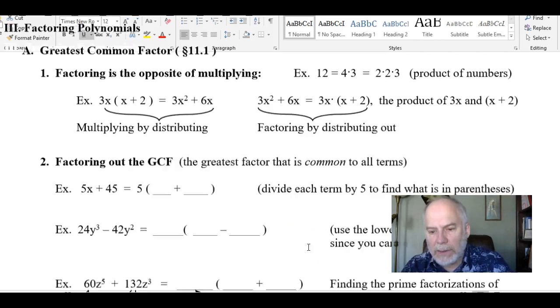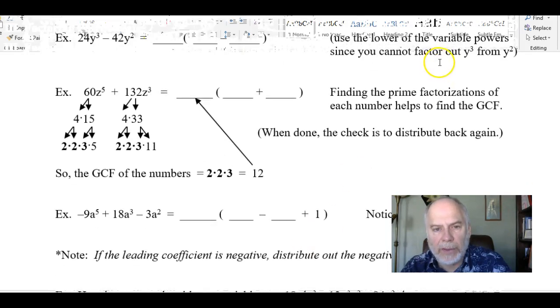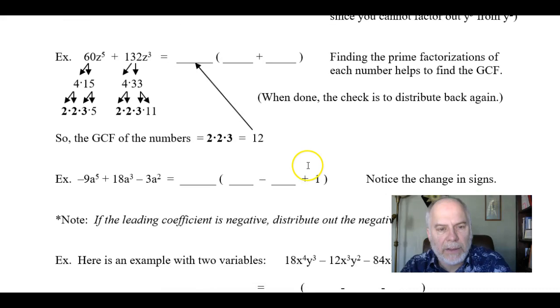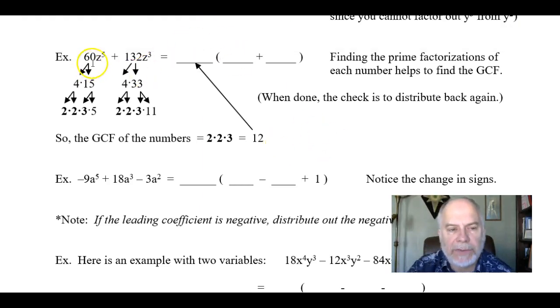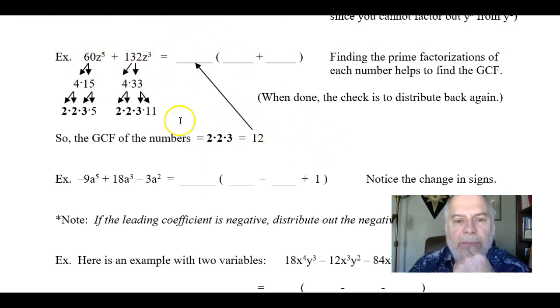Okay, and you can read my note over here on the right. And then the next example, you have 60z to the 5th plus 132z to the 3rd. Now what I did here is I broke up 60 and 132 into their prime factors.